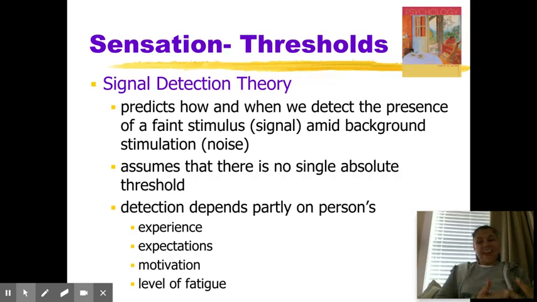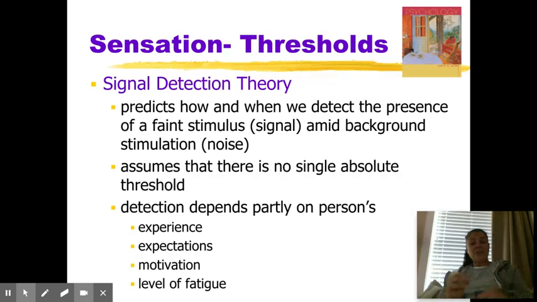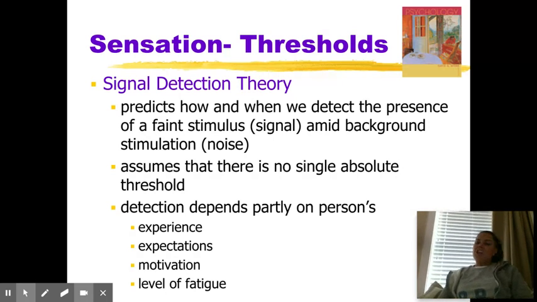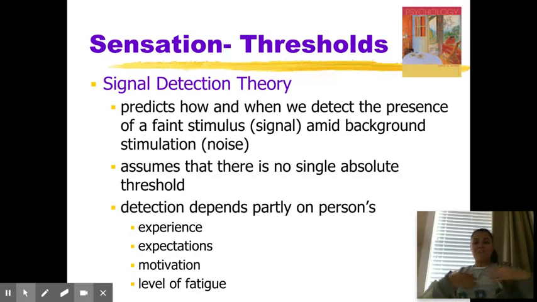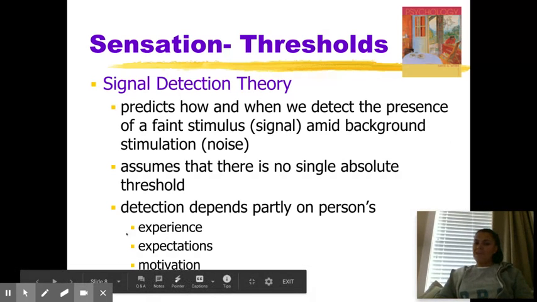So if we're sitting in the cafeteria, we're waiting for our friend, and we know that they're coming, we might be able to hear them from about 30 feet away say our name. Maybe they end up saying, "Johnny," just like in that voice. But in the midst of the din of the cafeteria, normally you wouldn't hear it. But because of your expectation of waiting for that person, you hear it.